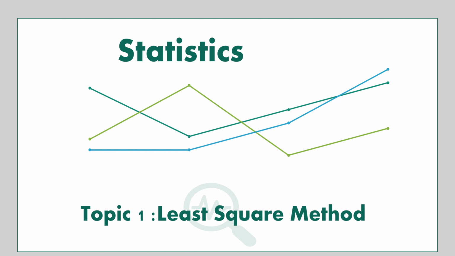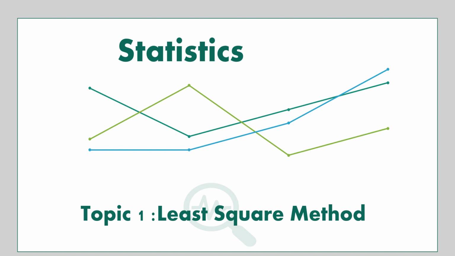So if it's a 3 point moving average or a 4 year moving average, there will be certain pockets of data at the end wherein you will not be able to find out the value. That's where the least square method is better compared to the other types of trend analysis.